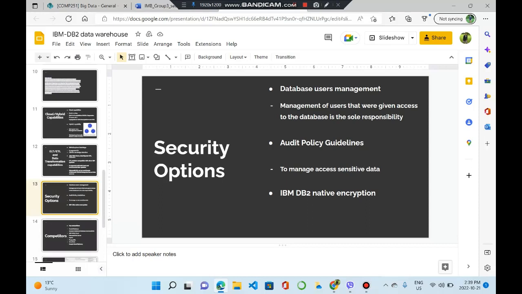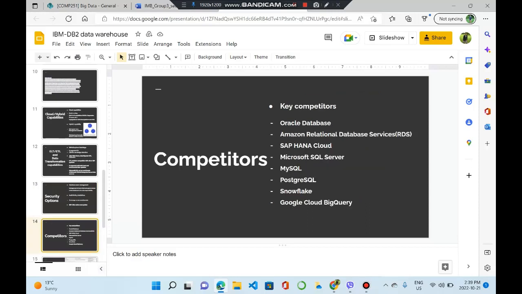So that was all about security, and security is very important. For any database or any application that we are using, we need to focus on the security aspect a lot. Now, the IBM DB2 competitors. Every time a business or application or database is introduced into the market, there are many competitors.